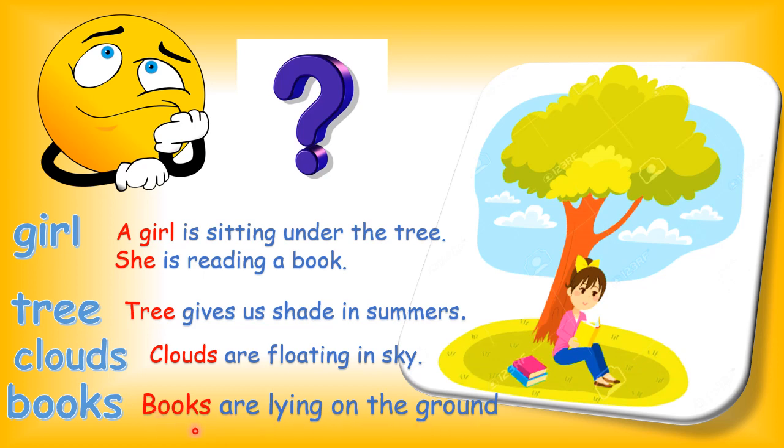Again, books are the subject and are lying on the ground is the predicate, because this is telling what the books are doing. Is it clear, children? So in a sentence, we talk about the subject and the predicate gives information about the subject. I believe subject and predicate are clear.